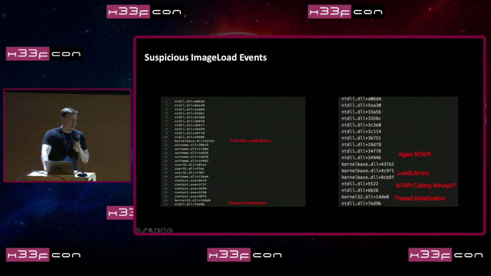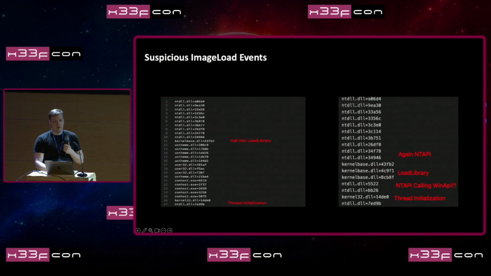So we can see this in the call stack, and on the left side we see a normal call to LoadLibrary where something ended up calling LoadLibrary implemented in KernelBase, which then calls the NT API internally. On the right side, we do see, however, that something in NTDLL is calling KernelBase, which contains the LoadLibrary, which then once again is calling the NT API.